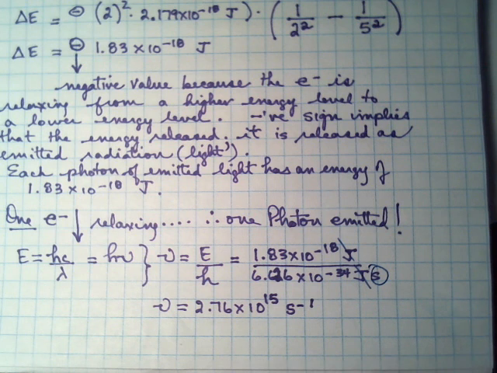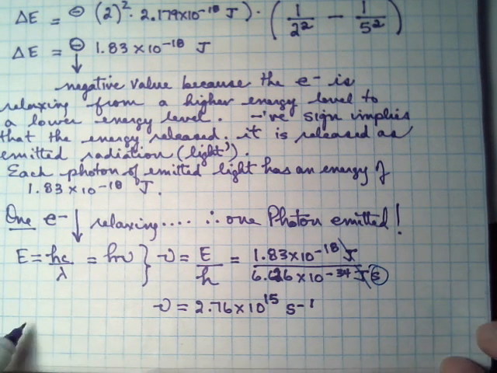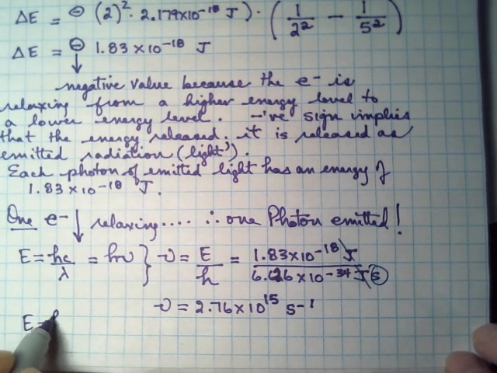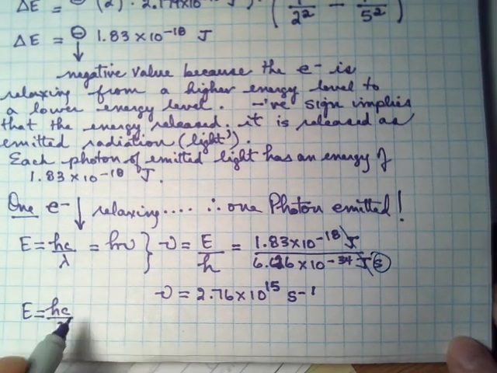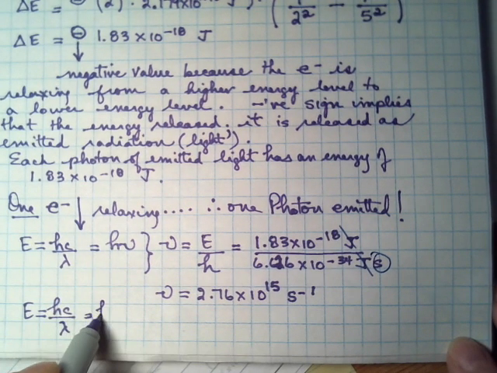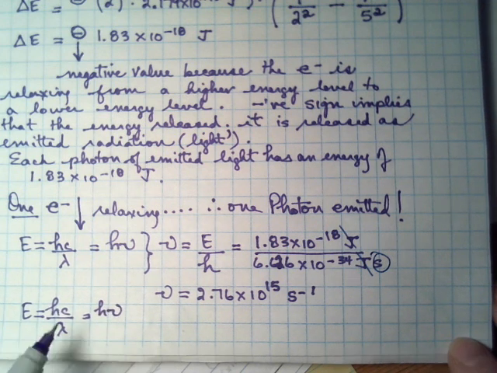And I think that on this we were asked for the wavelength as well. Actually, we were asked for that first, but it doesn't matter. Wavelength. E is equal to hc over lambda, which is also equal to h mu. So there's two ways that I could find the wavelength.